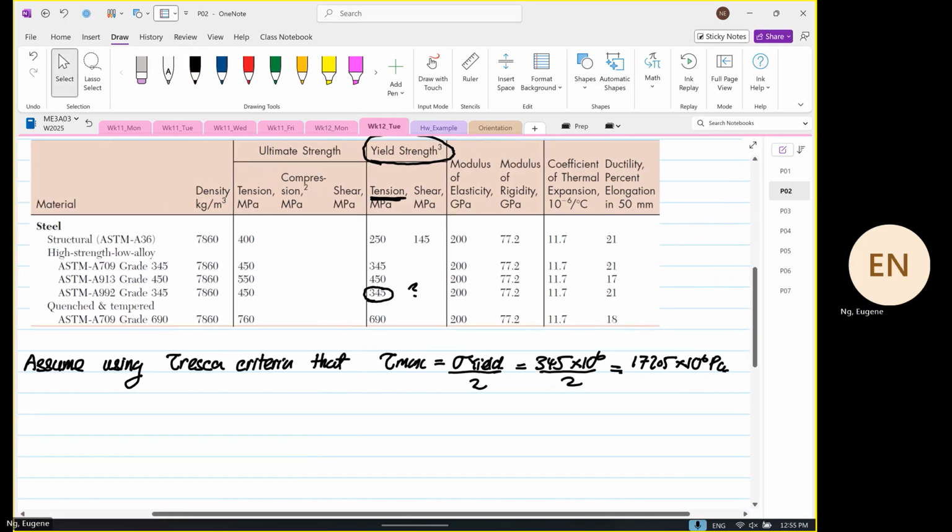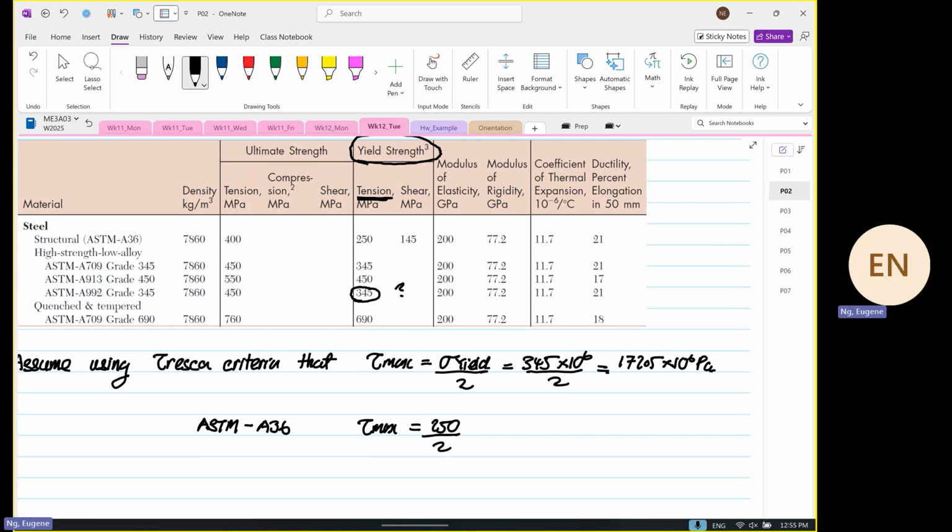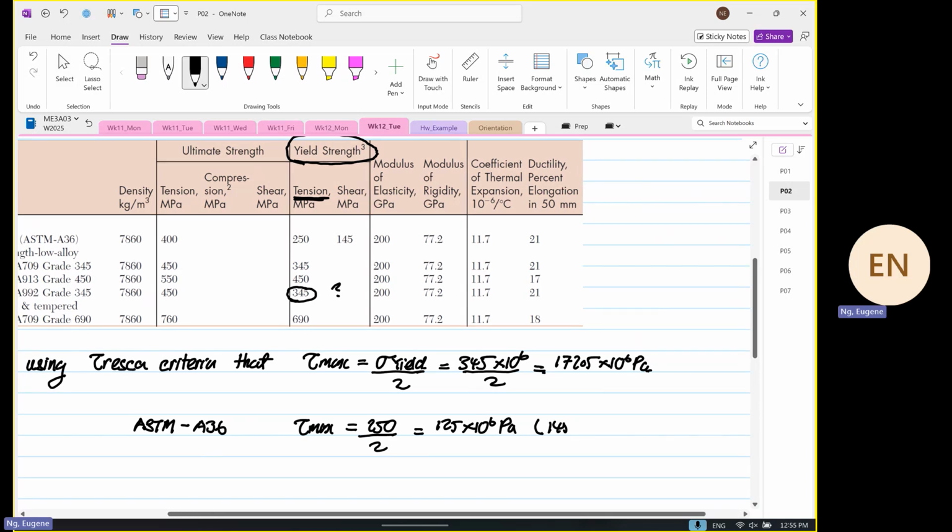Okay. If we were to look at ASTM A36, right? We know that the tau max will be equal to the stress yield, which is 250 divided by 2, which is equal to 125 times 10 to the power 6 Pascal. But given to us is 145 times 10 to the power 6 Pascal, and this has been determined experimentally.